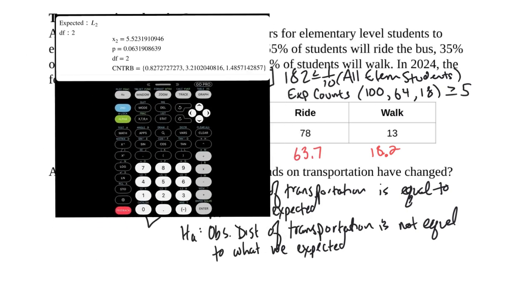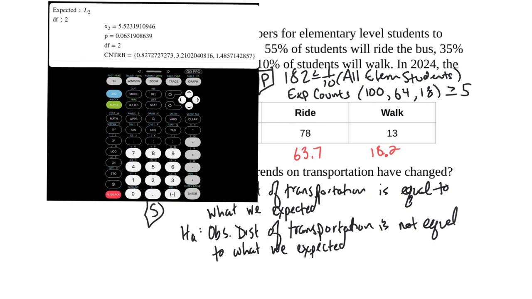Shrink this down quick so I have a little room to write. In our do portion of the hypothesis test, we write down that the chi-square statistic with 2 degrees of freedom is 5.52, and our p-value was 0.063.